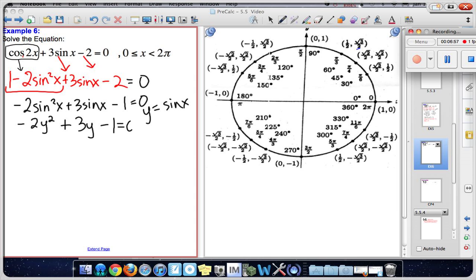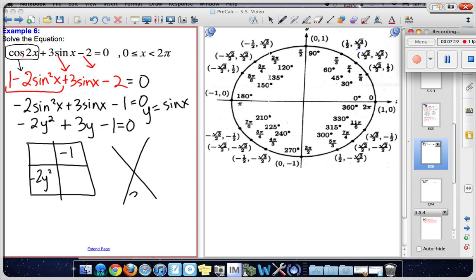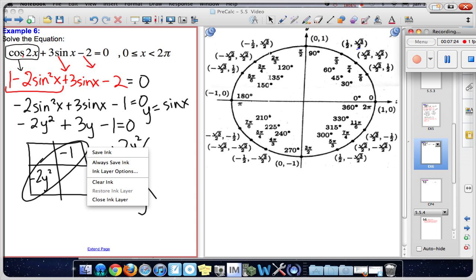And I'm going to use a generic rectangle. So negative 2y squared and negative 1 go here. So it looks like my diamond problem will be what adds to 3y, but I want it to multiply to, let's see, the product here is 2y squared. Adds to 3y, multiplies to 2y squared. So I get 2y and y.